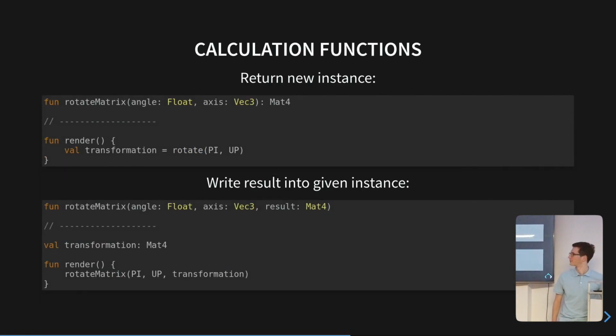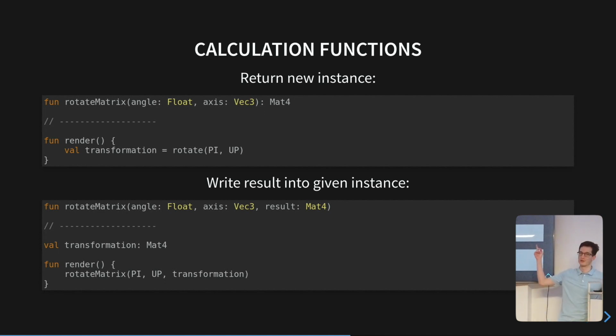And if you look at how calculation functions are implemented, which are also part of this library, for example, if we want to calculate a rotation matrix, we have basically 2 ways to implement an API for that.